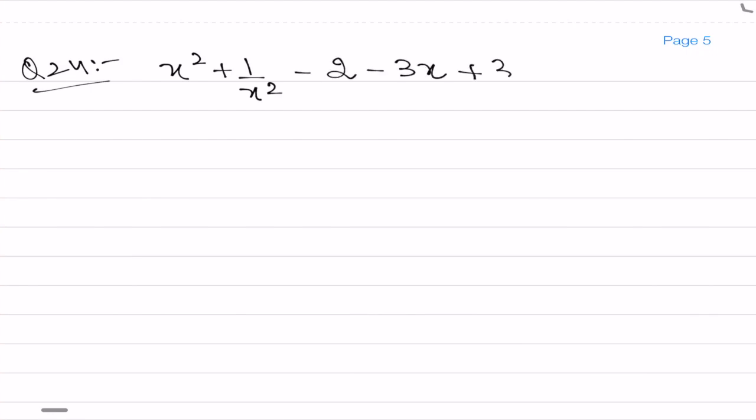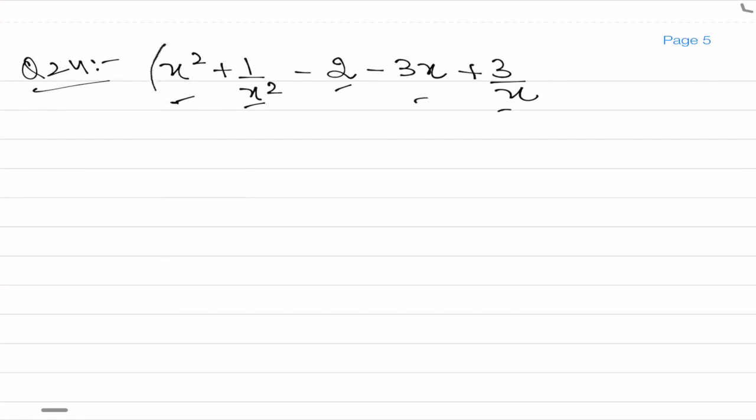Now the last question for today. x square plus 1 by x square minus 2 minus 3x plus 3 upon x. Now here you can see we have 5 terms. Generally in the previous questions we got 4 terms, but here it's an odd number of terms. So there are 5 terms: 1, 2, 3, 4 and 5. So how do we do the grouping?